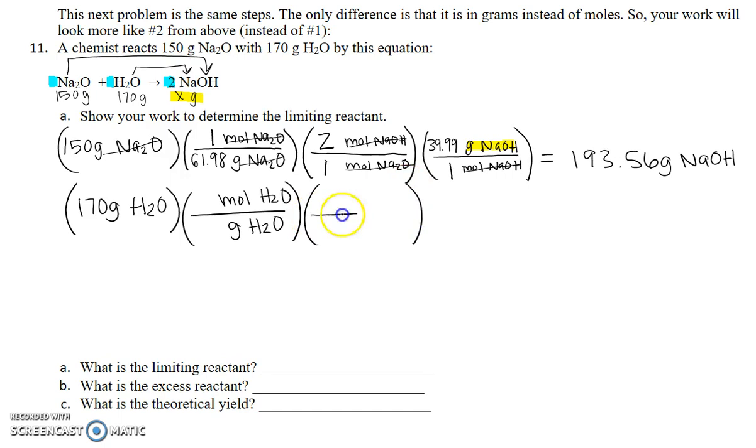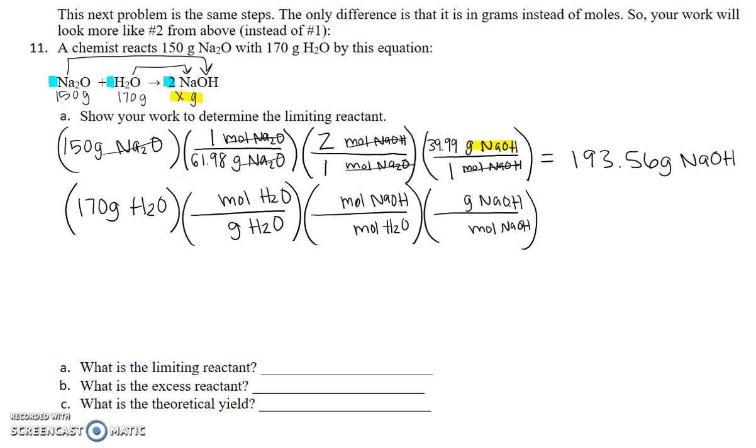Once I'm in moles of H2O, I can cancel moles of H2O out by converting it into moles of another compound. We want to get to NaOH. And once I'm in moles of NaOH, I can get to grams of NaOH.